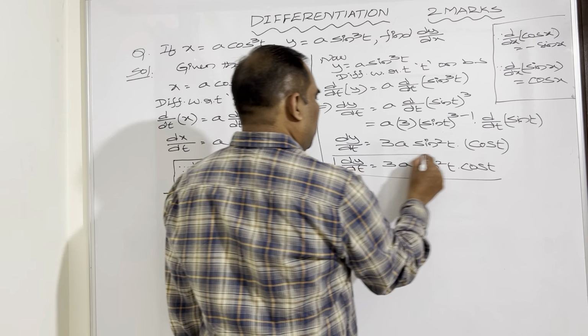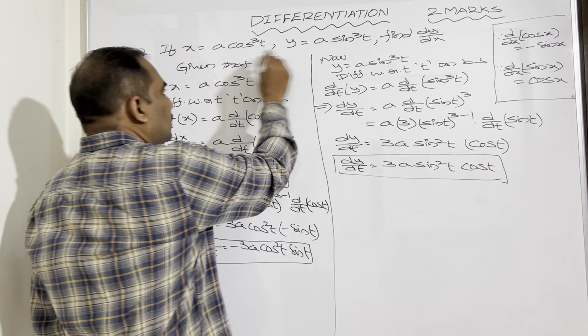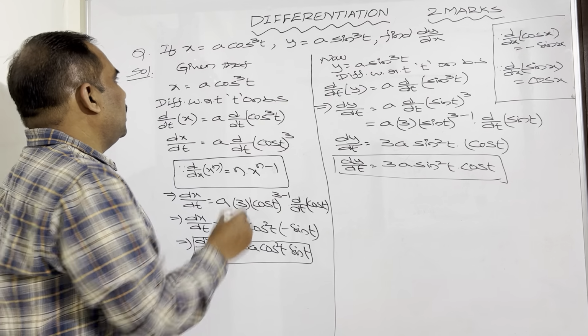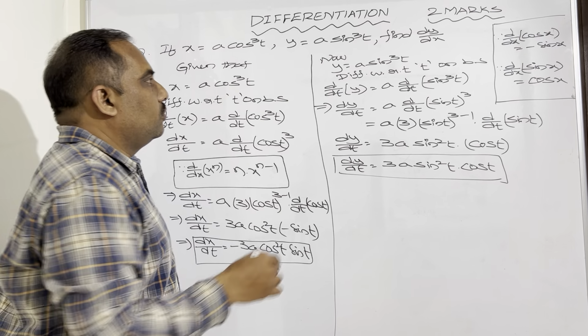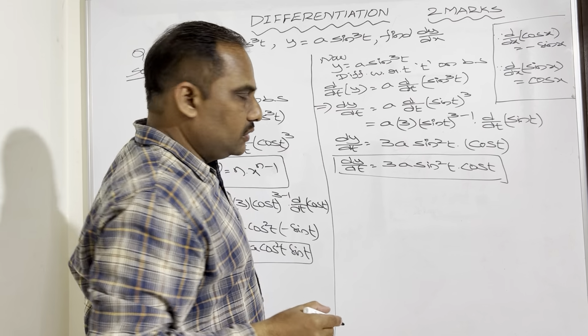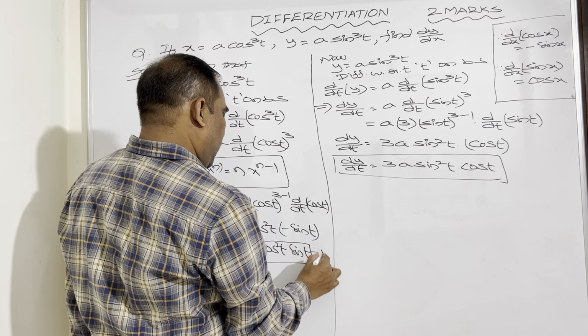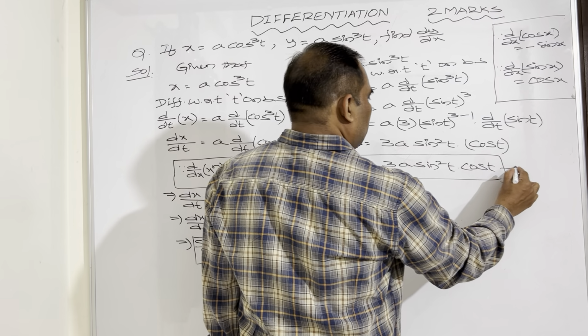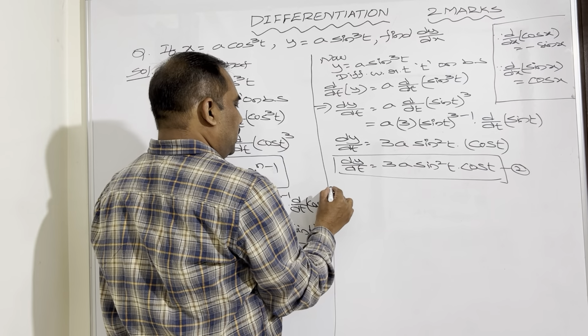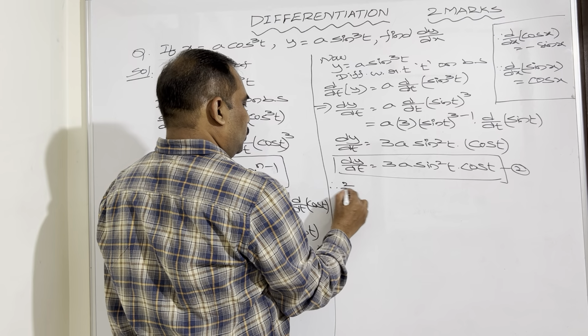Actually, what we have to find with the given functions, both are functions of t, is dy by dx. So therefore this is condition 1 and this is condition 2. To get dy by dx, therefore 2 by 1.